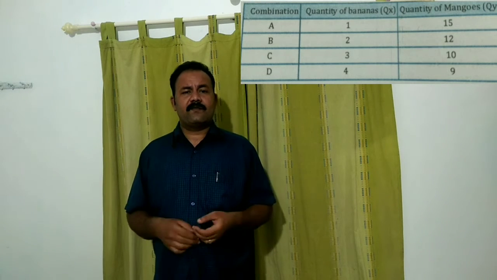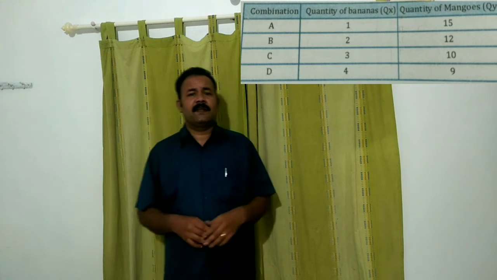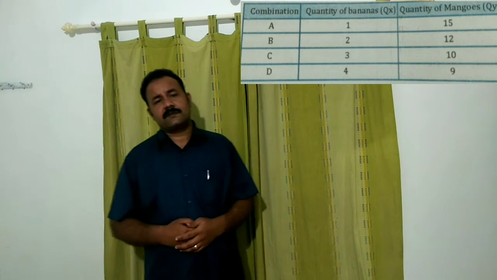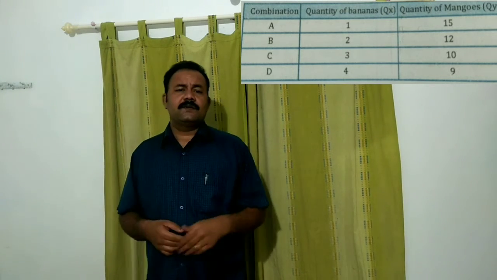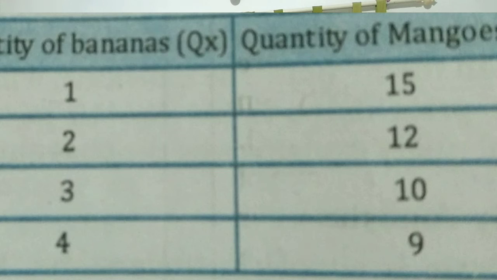We can take the first bundle, that is 1 unit of banana and 15 units of mangoes. Or we can select 2 units of banana and 12 units of mangoes, as we can see in this table. And we can take 3 units of bananas and 10 units of mangoes. Or we can select 4 units of banana and 9 units of mangoes.